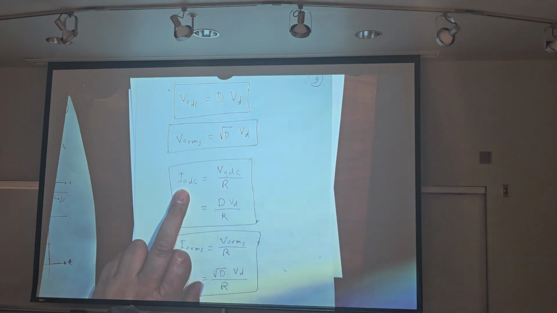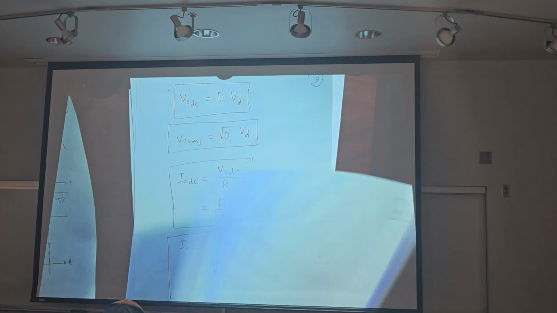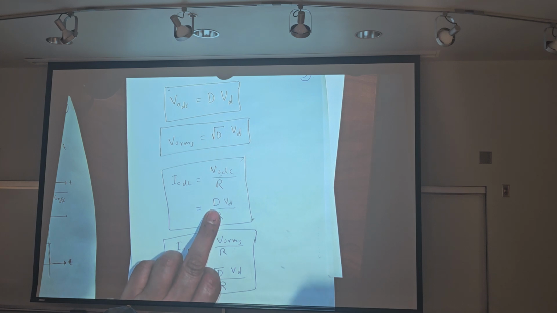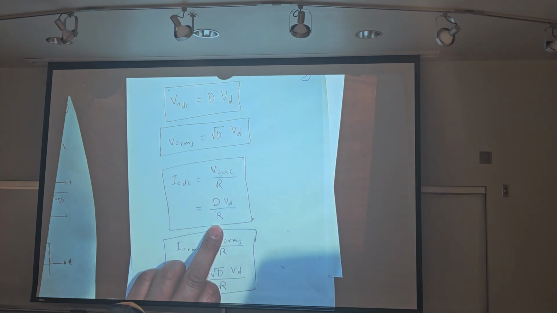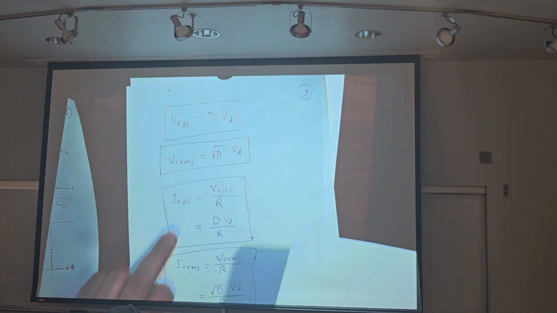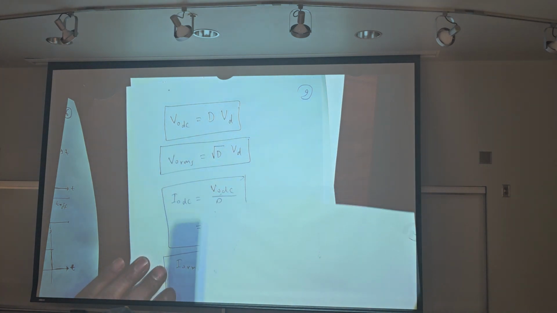According to Ohm's law, I equals V divided by R. In terms of duty cycle, dVd over R. But I want I out DC in terms of ID.